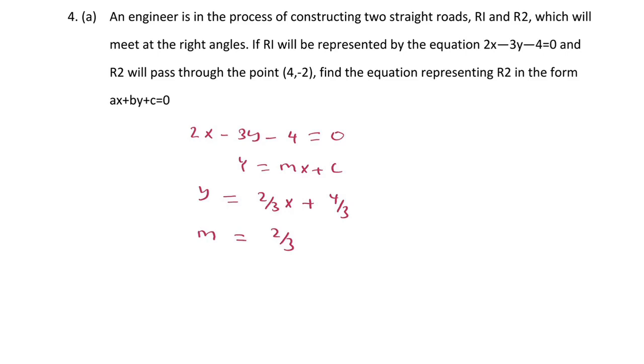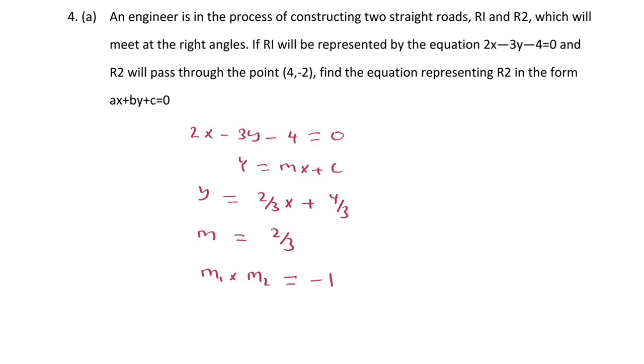We've been told that these lines are perpendicular. And we know that when lines are perpendicular, the product of their gradients is going to give us -1. So the gradient for line 1 is going to be m1 and the gradient of line 2 is going to be m2. Using this concept, m1 times m2 equals -1.